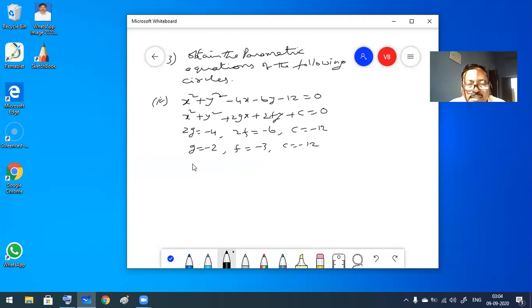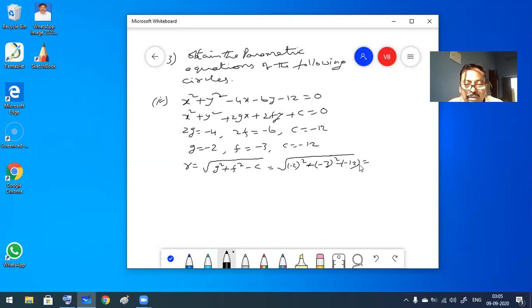Therefore, what is the radius r? r is equal to square root of g square plus f square minus c. So this is equal to square root of (minus 2) whole square plus (minus 3) whole square minus (minus 12).